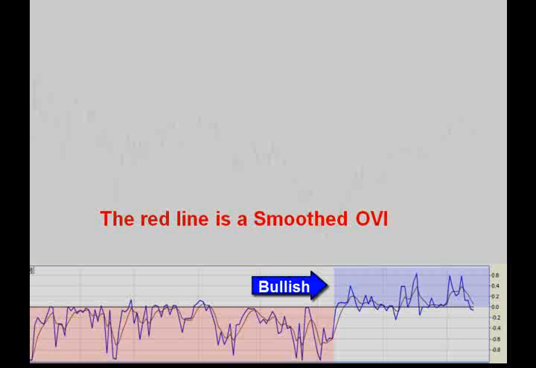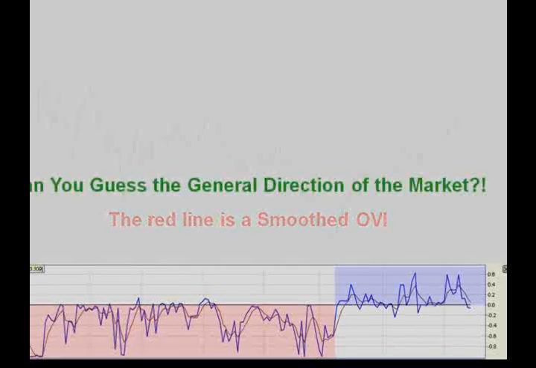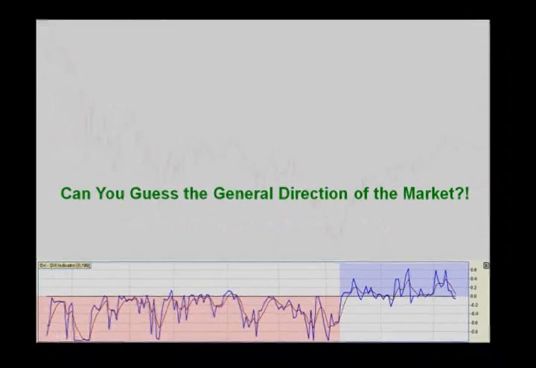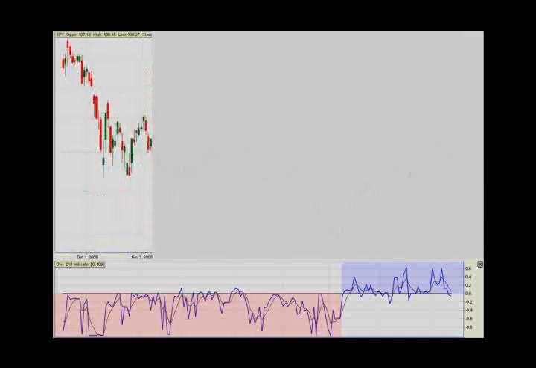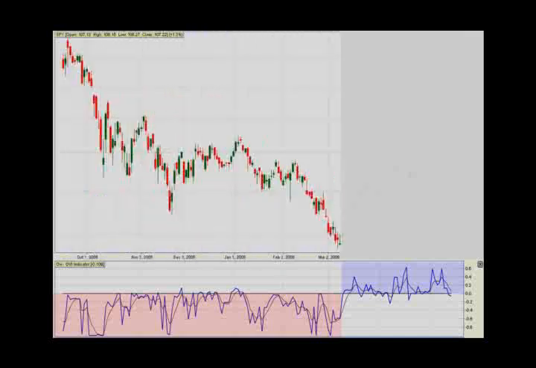Let's show you how. Can you guess the general direction of the market just looking at the OVI? On the left-hand side, you can see that the OVI is generally below that center line. So what happens? As it happens, the market is predominantly going down.